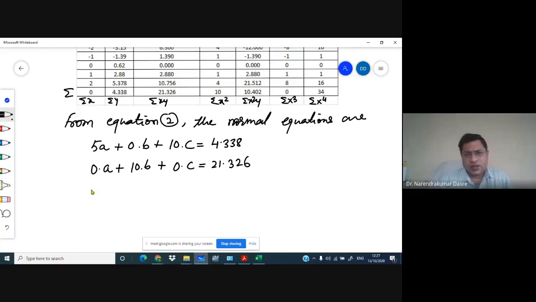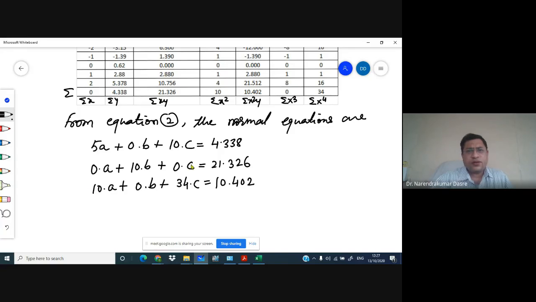Now the last, what you'll be having, summation 10 times A plus 0 times B plus 34 times C, and this is equal to summation X square Y. So it is going to be 10.402. Okay, so that's what we have.